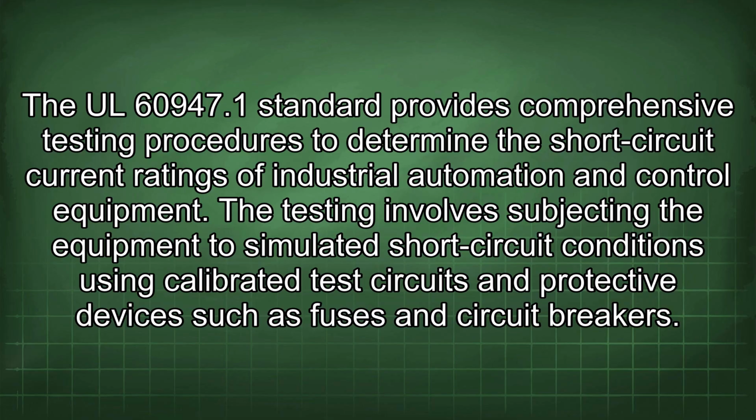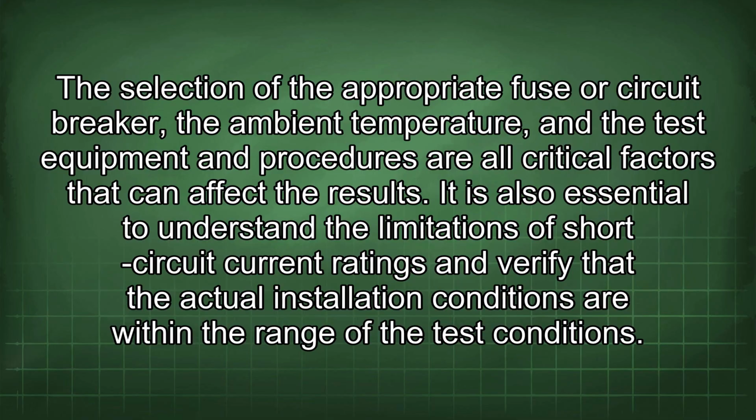The testing involves subjecting the equipment to simulated short-circuit conditions using calibrated test circuits and protective devices such as fuses and circuit breakers. The selection of the appropriate fuse or circuit breaker, the ambient temperature, and the test equipment and procedures are all critical factors that can affect the results. It is also essential to understand the limitations of short-circuit current ratings and verify that the actual installation conditions are within the range of the test conditions.